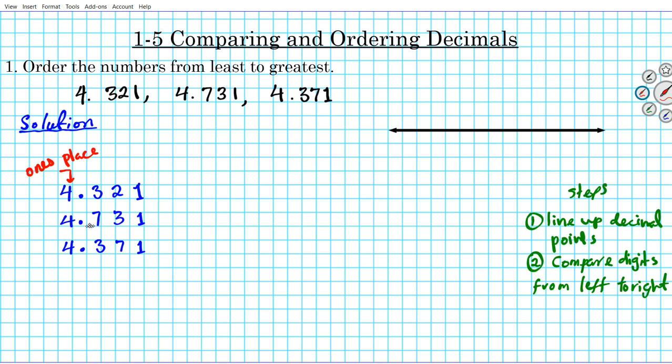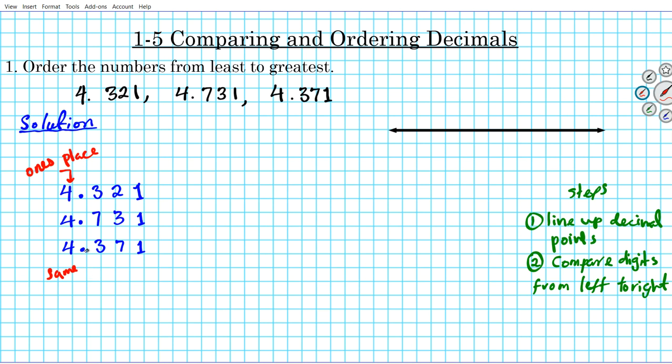If you have any place values that are missing, like we'll see in the next example, put a placeholder there, namely 0. So, ones place: compare all the digits in the ones place for the three numbers. They are all the same for the ones place.